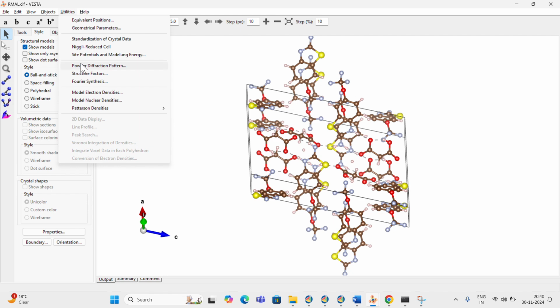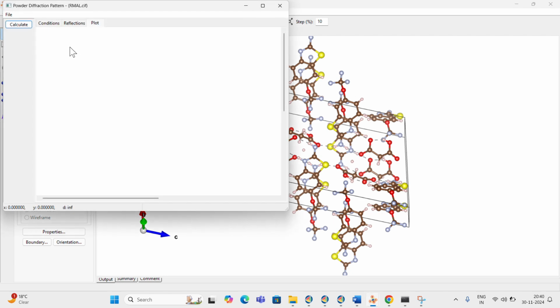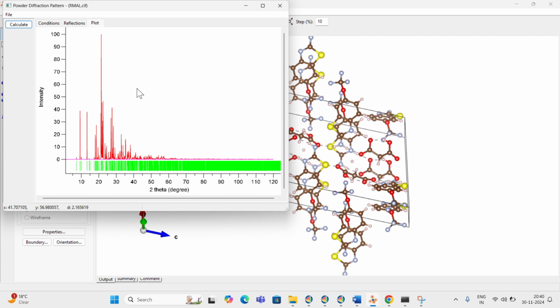Let's try for this one. If we click, so this is the powder diffraction pattern for the riluzole and malonic acid. So this x-axis is in degrees, which is 2 theta. Theta is the angle at which we scatter the X-rays on the powder crystal, and the y-axis is for the intensity, how intense the X-rays we obtain at a particular 2 theta angle.